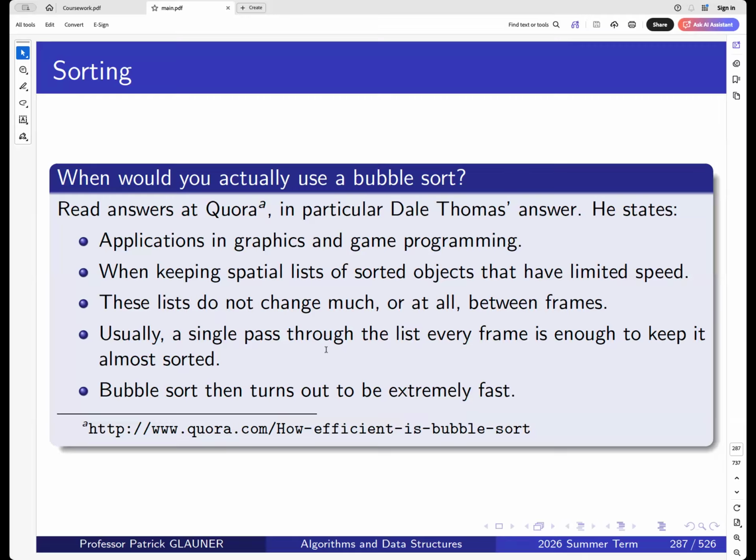And there was a very interesting discussion on Quora quite a few years ago. A person argued why bubble sort can be helpful, for example, for certain applications in graphics and game programming, which is a real-time problem because you need to render, say, 30 frames per second or something like this.